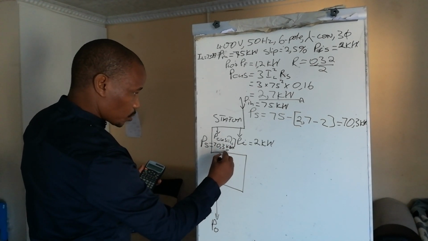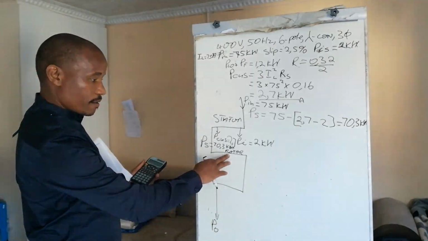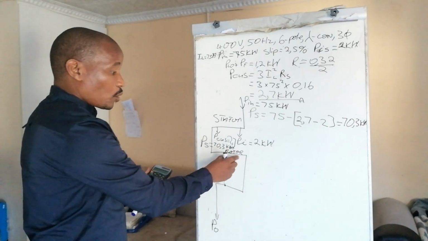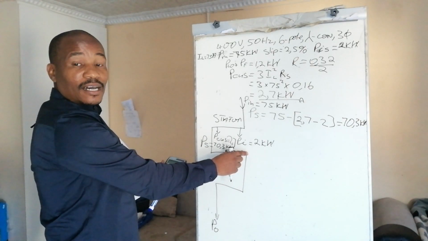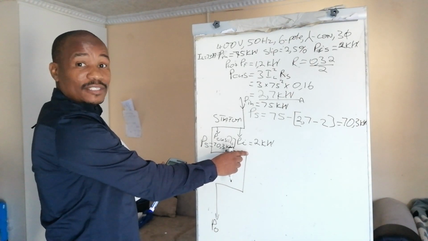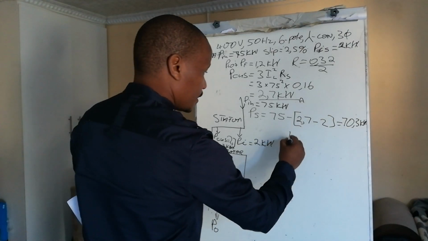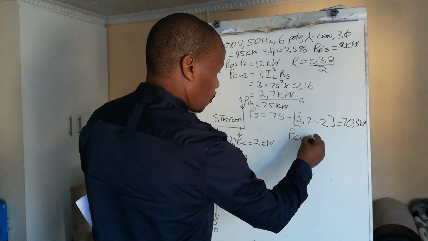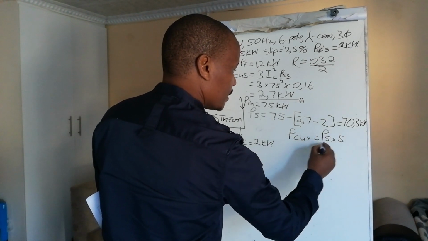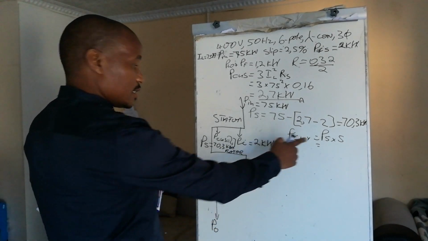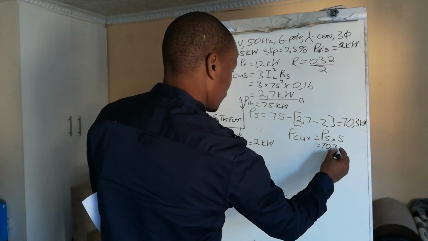Then we come to the rotor. We still remember that because the iron losses are constant, sometimes they can be ignored. And if they are ignored, then the rotor copper losses is equal to the synchronous power multiplied by slip. The synchronous power was calculated as 70.3.